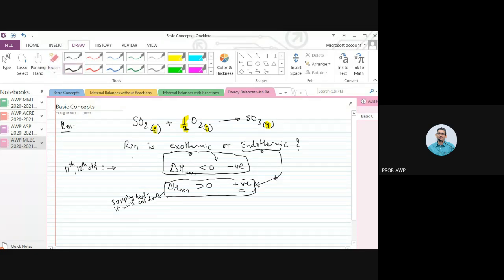So if it is an exothermic reaction, heat is generated. That means to maintain isothermal conditions, I need to take away heat. And if I don't take away heat, the products will be at a higher temperature. Do you agree with that?